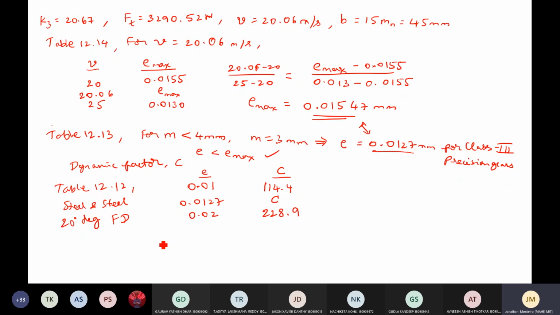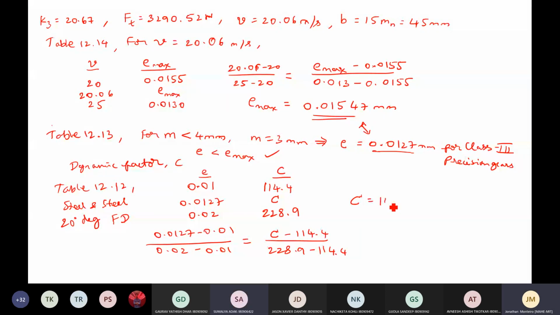So let us interpolate again. So 0.0127 minus 0.01 over 0.02 minus 0.01 equals required value of C minus 114.4. So this value, the C should be 145.3. Yeah, correct. 145.31.